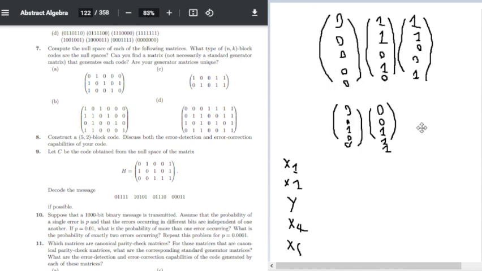Now, can we find a matrix that generates the code? So let's think about this. We're going to have 3 inputs, and we're going to have to transfer them to 5 things. So I'll make it standard that our third bit determines our middle number.